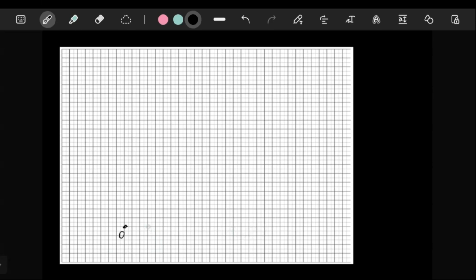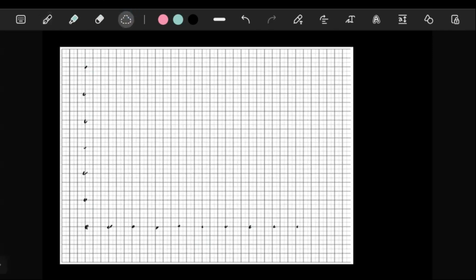Can do in threes. Let's see. 5, 10, 15, 20, 25, 30, 35, 40, 45, 50. Oops, too far. 5, 10, 15, 20, 25, 30.